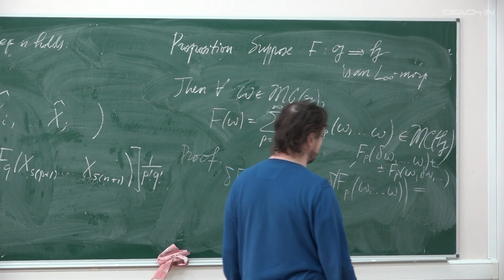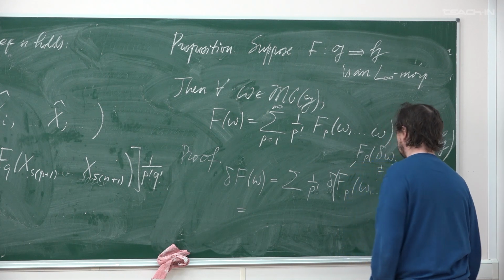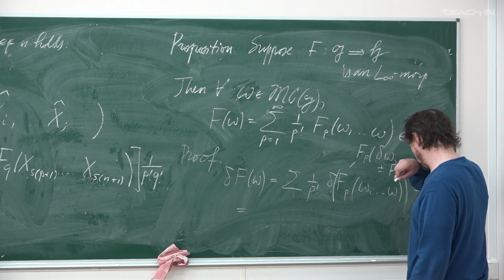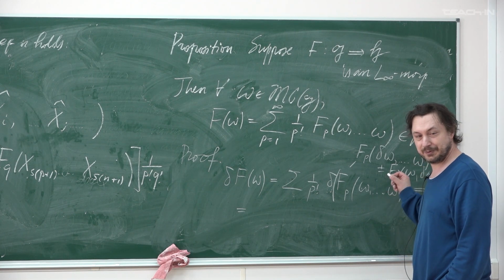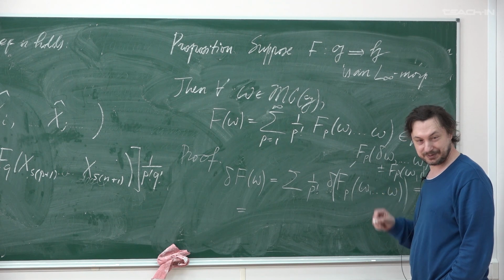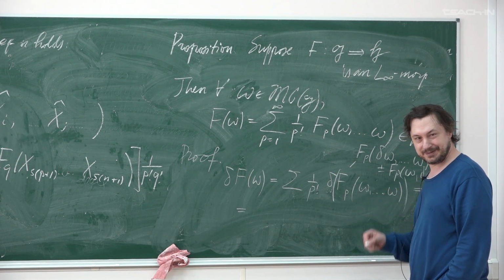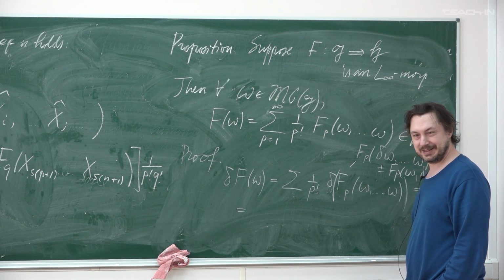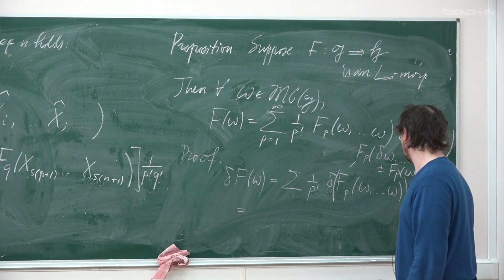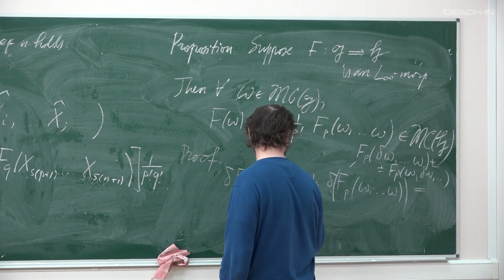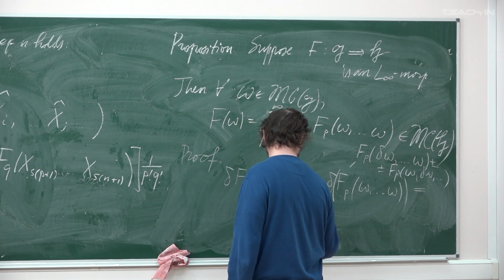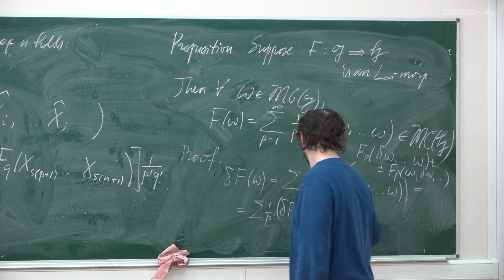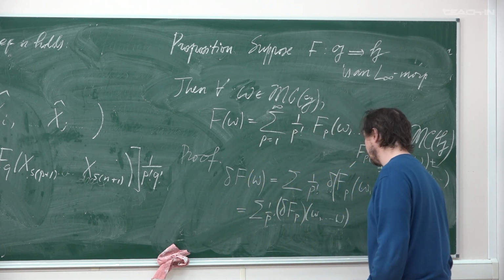First of all, we observe that the signs which appear will all be equal to 1, and that's because omega, after shifting, used to be degree 1, but after shifting it becomes of degree 0. So it commutes with everything. There are no signs we would need. So it will be equal to the sum of 1 over p factorial delta fp applied to omega comma omega, right?